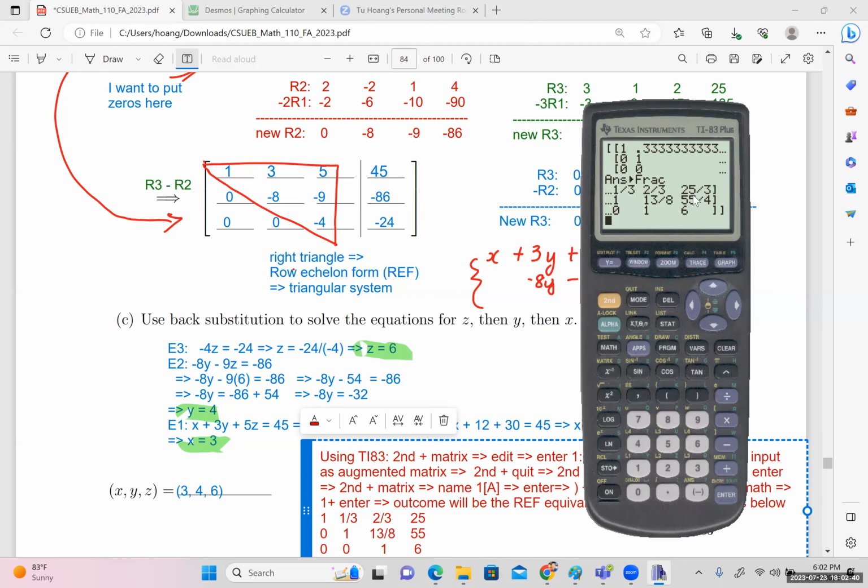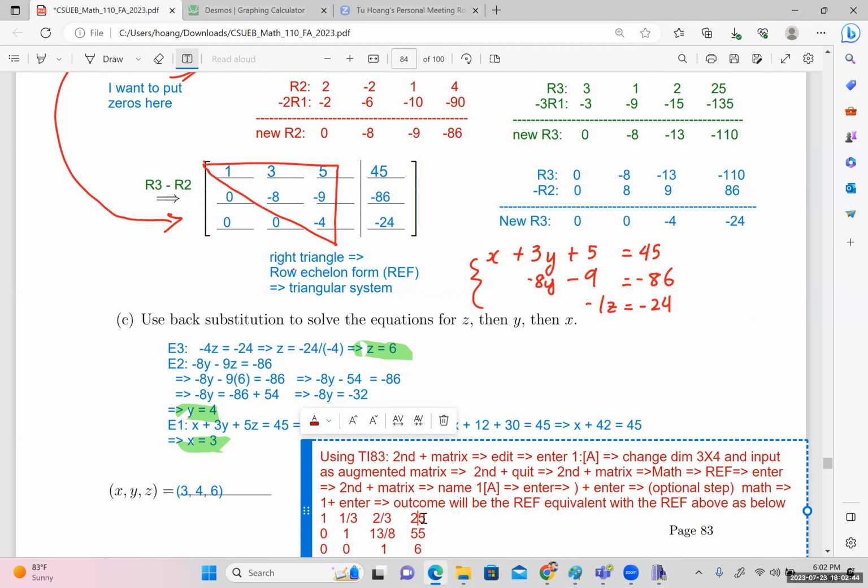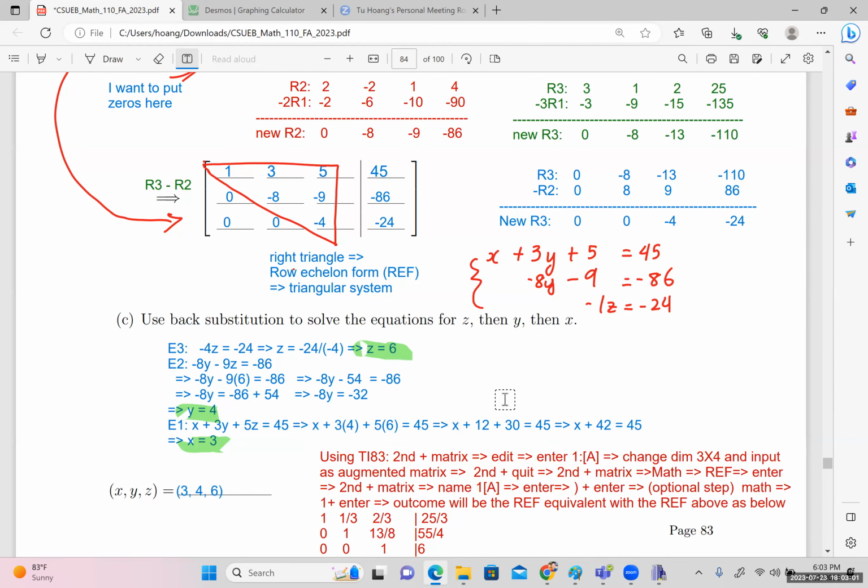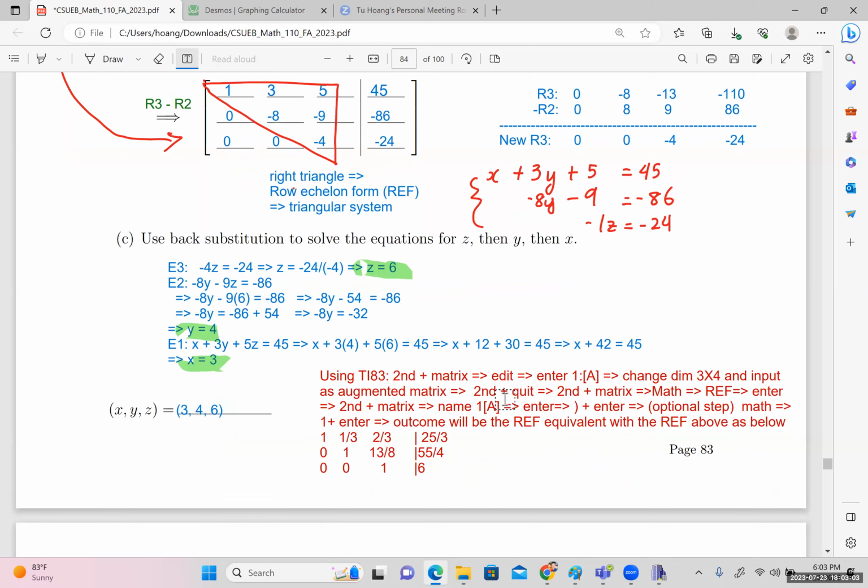Okay, actually they need more. So 25/3, 55/4. So we're gonna make something like this here.